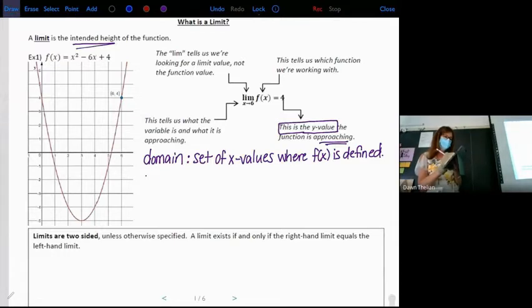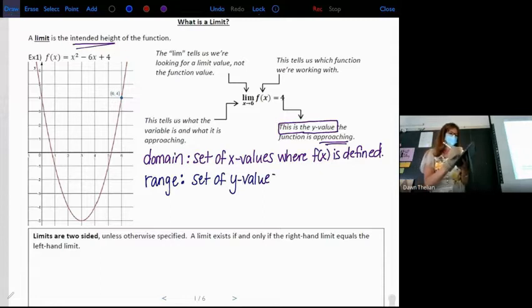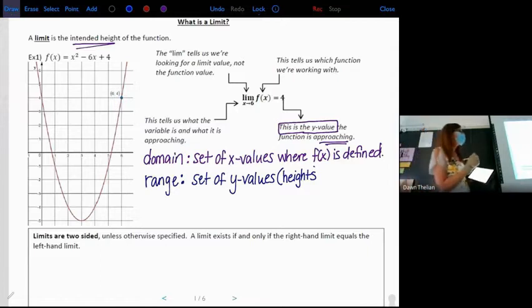And then the range is your set of y values, or in other words, the heights that you achieve.